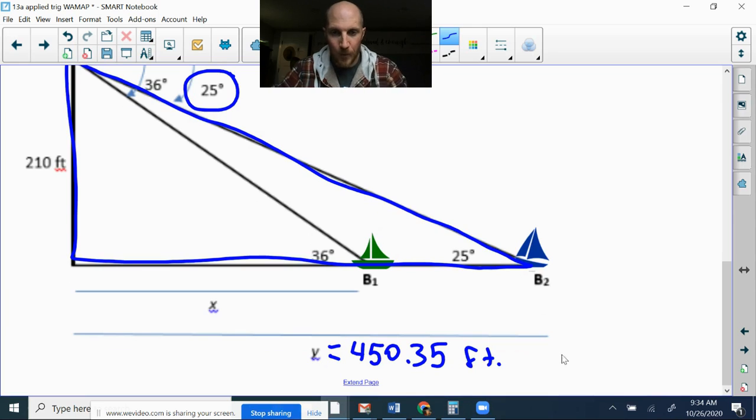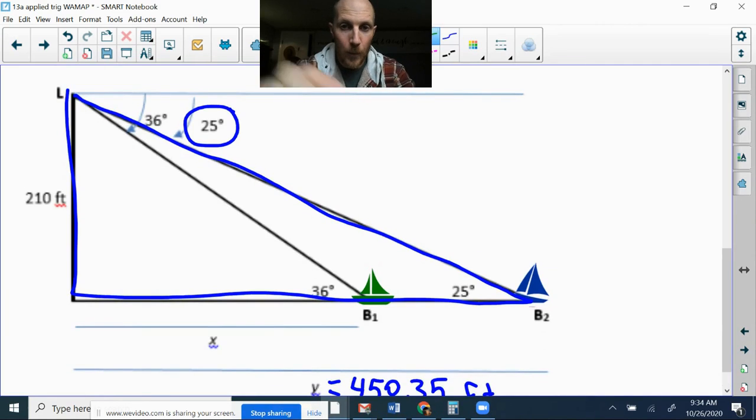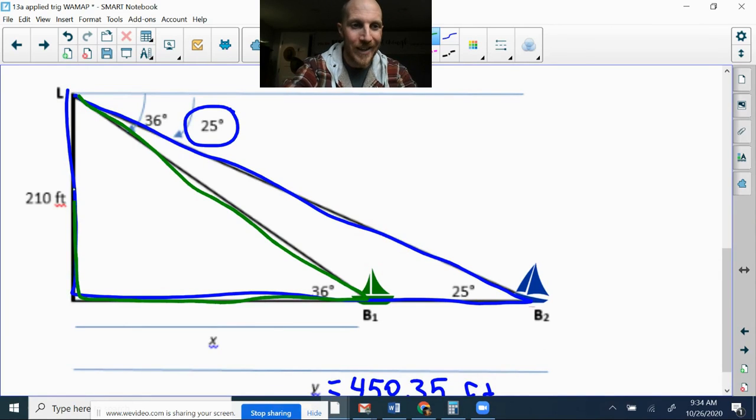I just brought that forward from the previous problem. Right now, what we need to do is find the distance to the green boat. So the lighthouse is still 210 feet tall, so that's going to be the opposite side. The angle of elevation from the boat is going to be identical to the angle of depression from the top of the lighthouse, so 36 degrees.